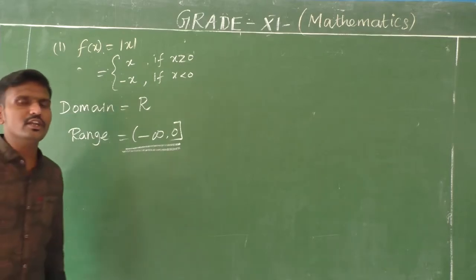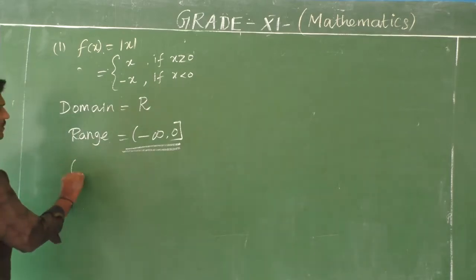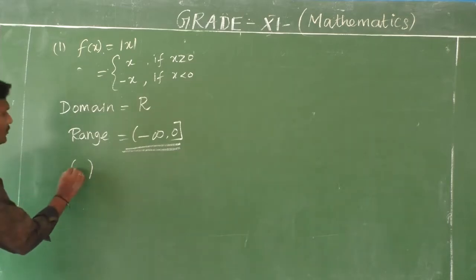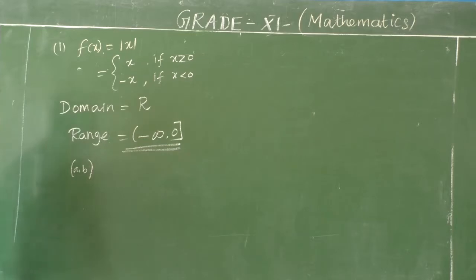Do you understand the brackets? Already you studied in your first chapter: we have 4 types of brackets. The first one is the open bracket, the open interval. For example, a comma b: an open interval means we have to collect the elements between a and b except a and b. So you have to leave out a and b.